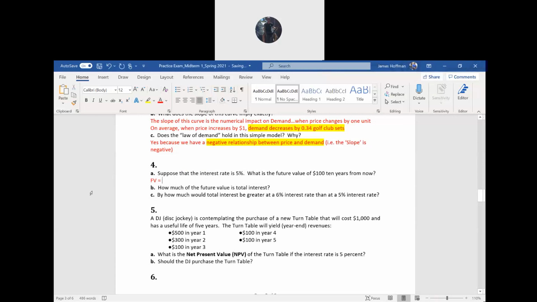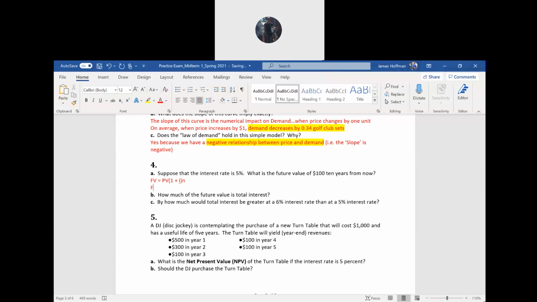Okay, so the future value is the present value times 1 plus the interest rate, raised to the n, and n is the number of years or number of periods it's compounding interest.